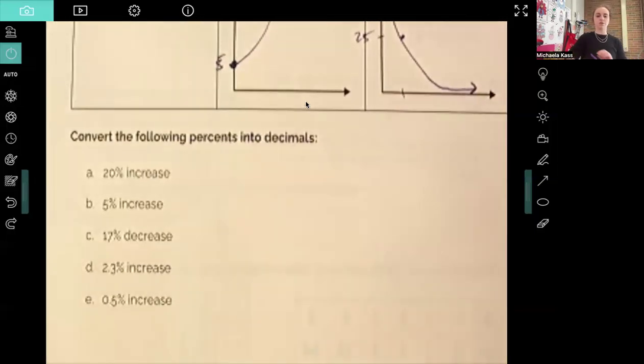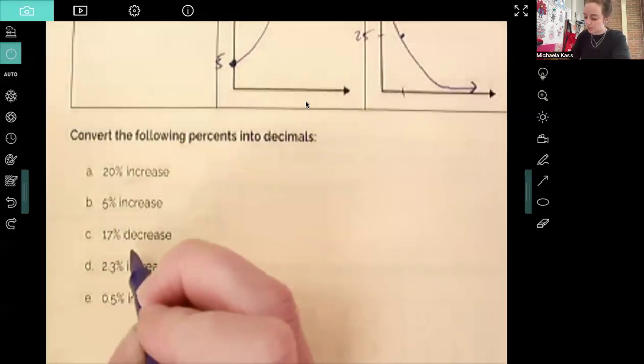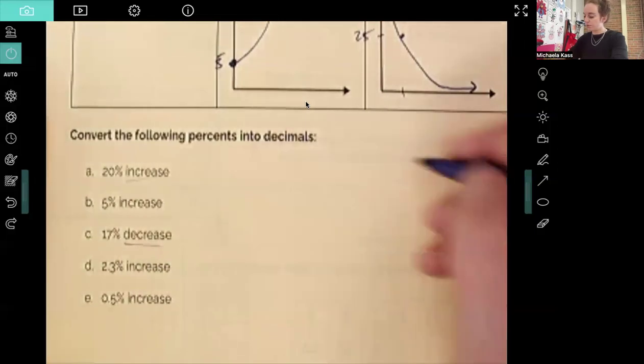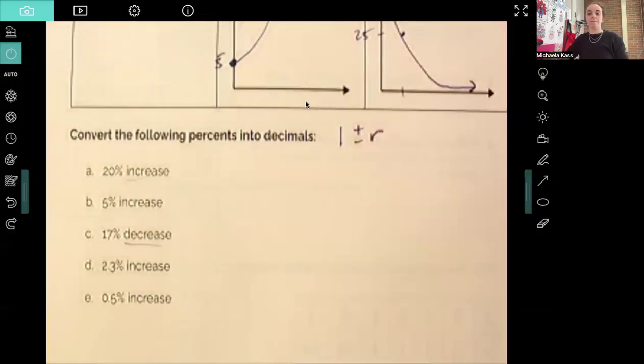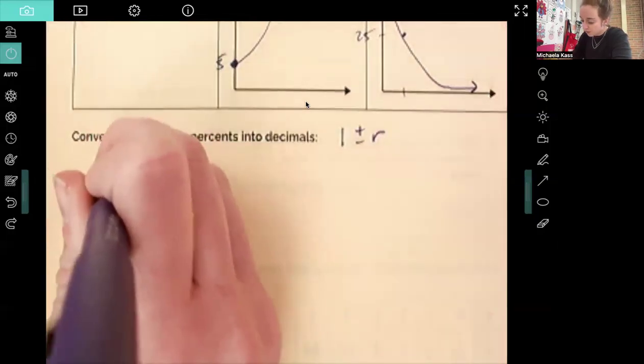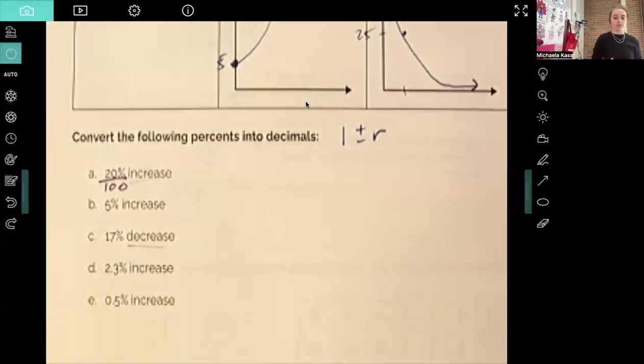Now it says convert the following percents into decimals. There are keywords in here like increase and decrease. So we have to remember that we have that 1 plus or minus r value. These are all percentages. The first thing you need to do whenever you see a percentage is instantly divide it by 100 in order to get it as a decimal.